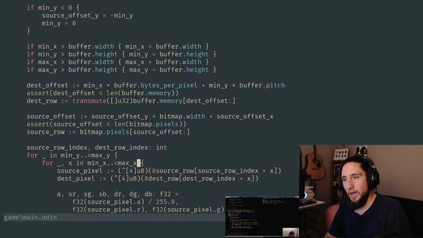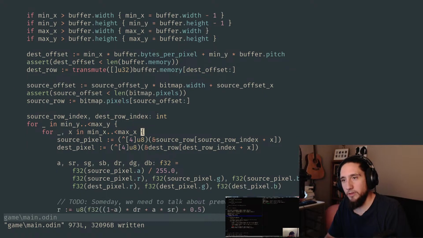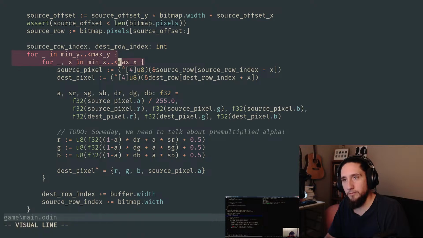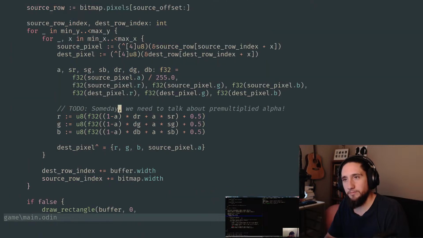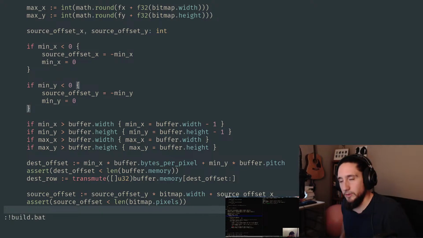Yeah, because the max are not inclusive. So this would have one pass where it would draw basically at the end of the buffer here, right? So I think that'll work.